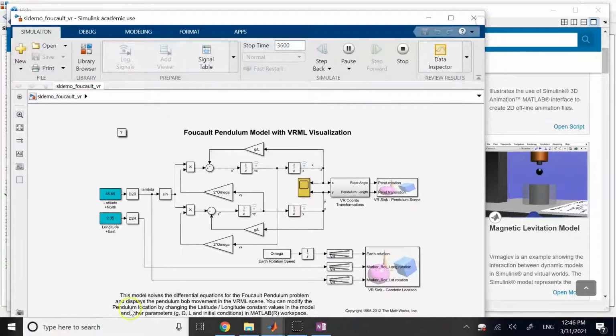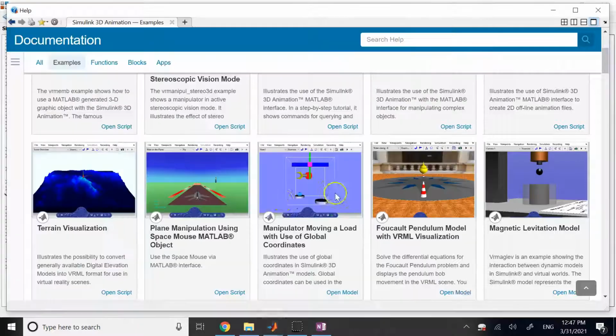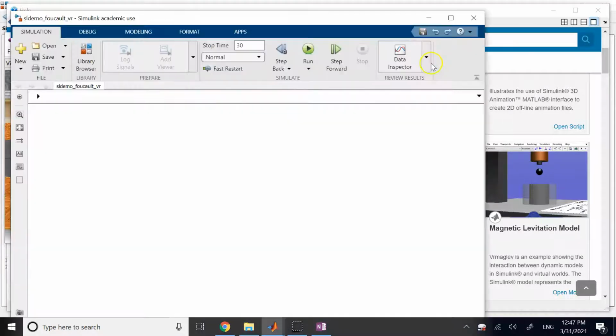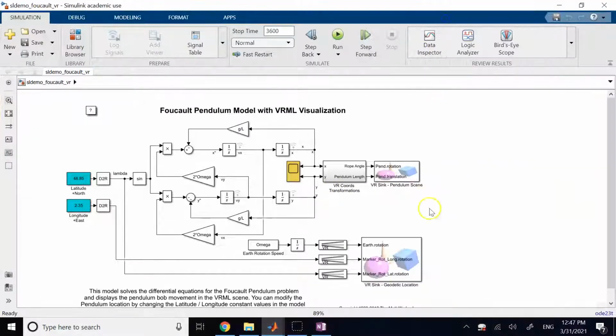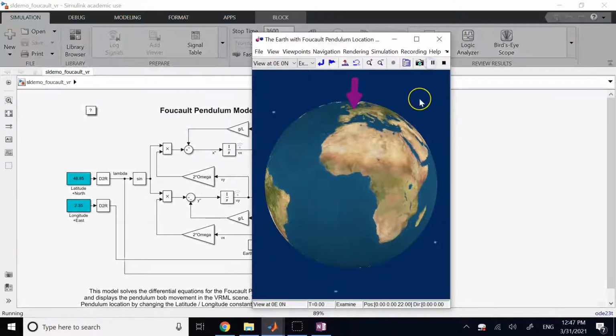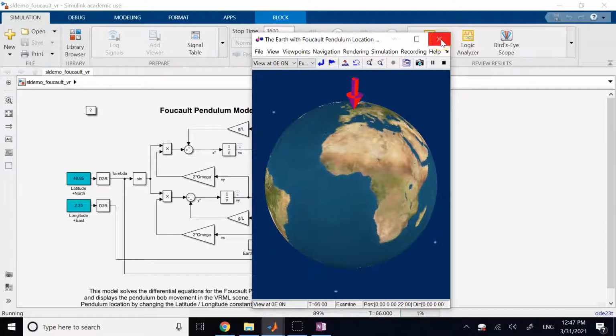So your Simulink model can send its outputs to a virtual reality environment. As you can see, here are the modeling of a pendulum, and the outputs, the angles, length, and everything go to these virtual reality blocks, and they allow the simulation of that amazing virtual reality environment.